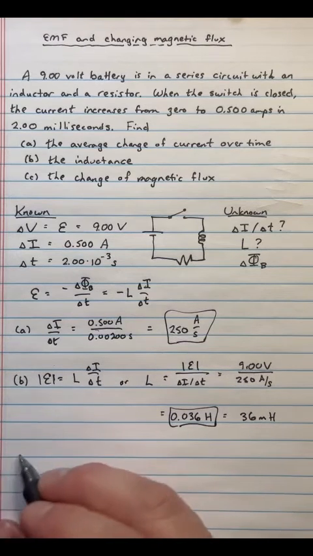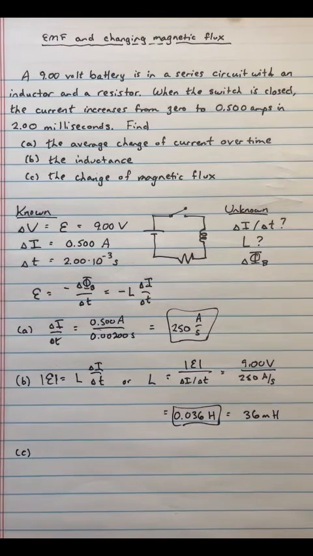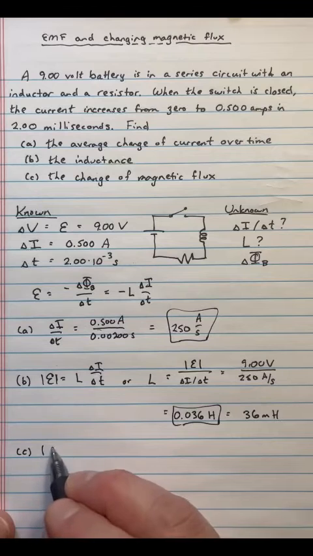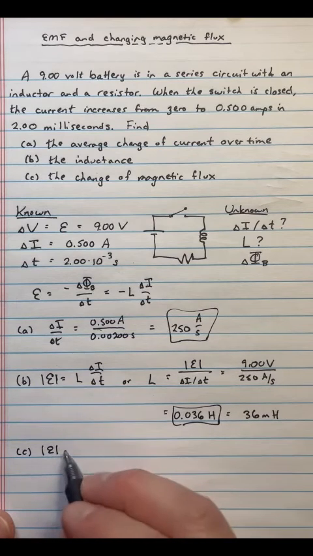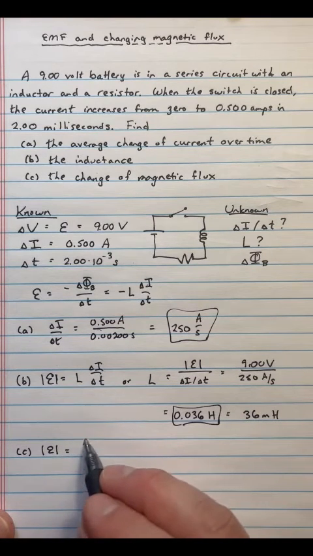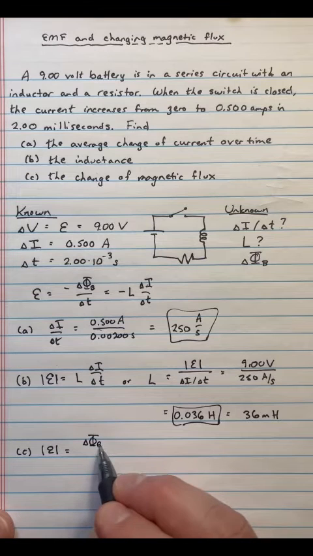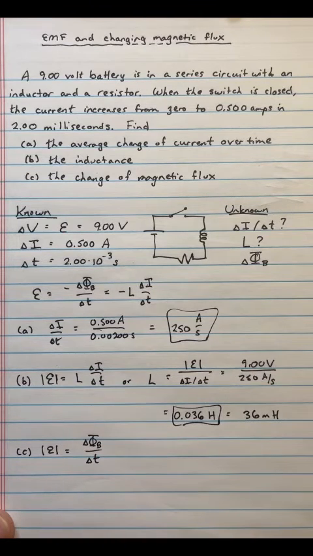All right. Last one to talk about here today is the change of magnetic flux. Now, again, in this particular example, we do have a change of time available. So we can calculate an average change of magnetic flux. Again, the magnitude, the absolute value of the EMF, will be the change of magnetic flux over time, like that.